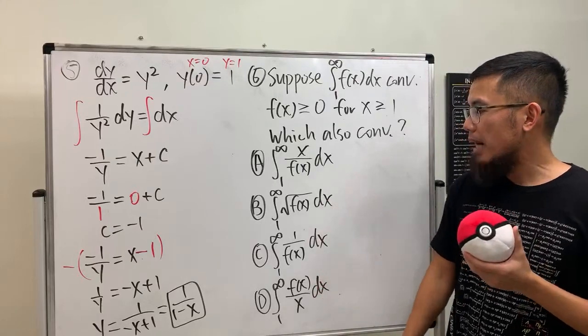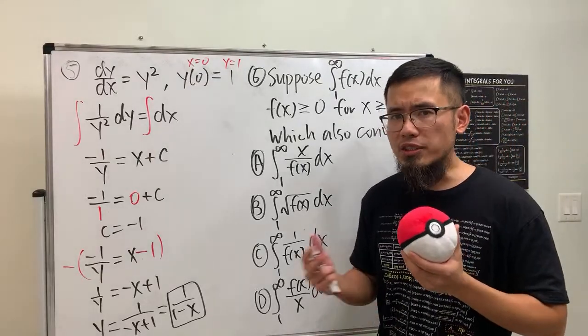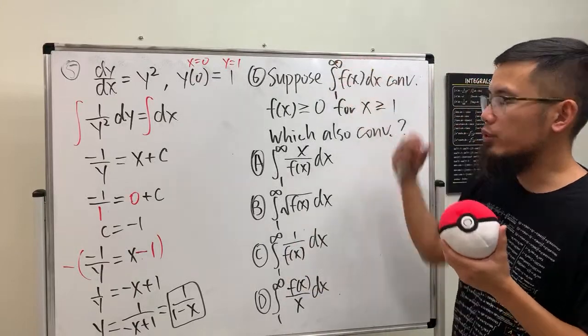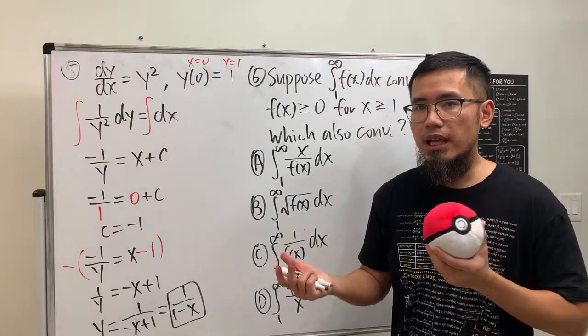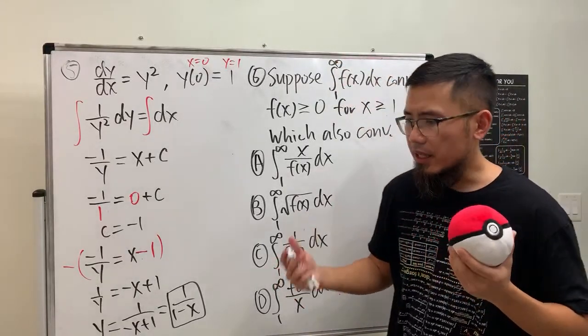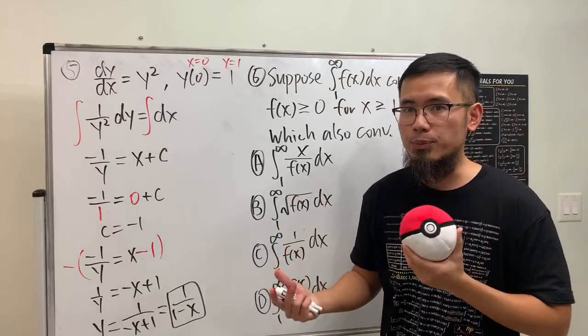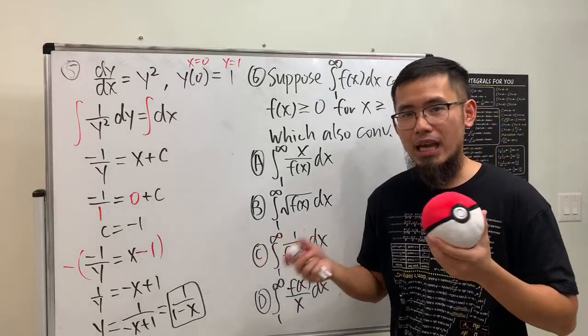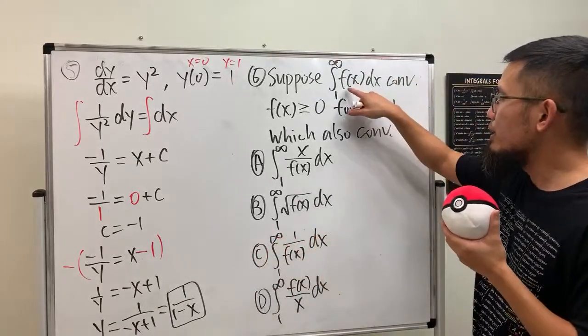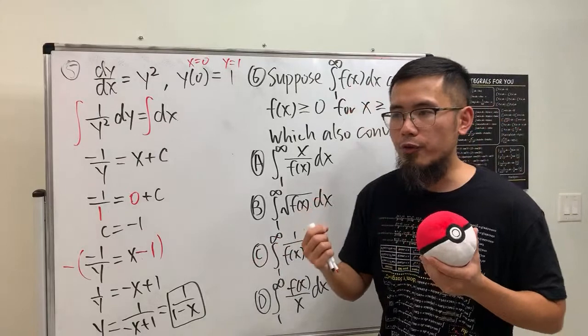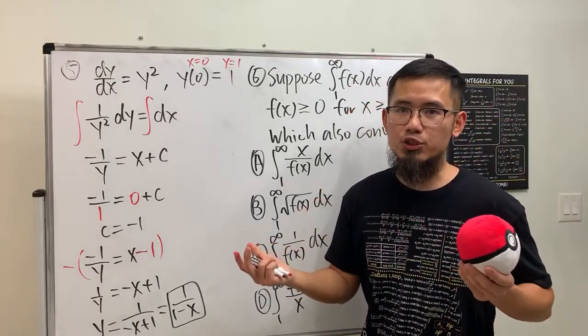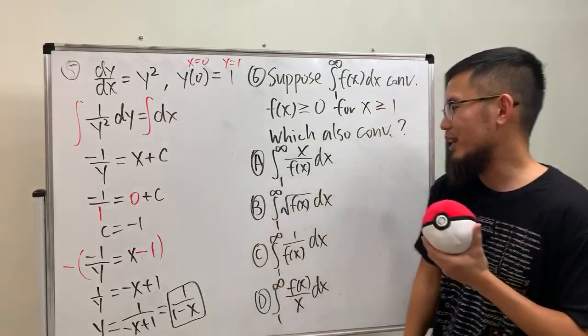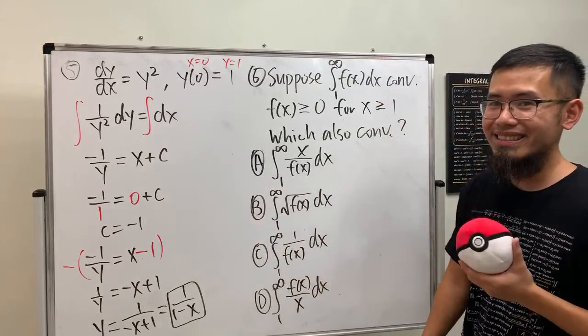But one strategy is to think about one integral that you know converges and then test it out. Again, you're not trying to do a rigorous proof. You're just trying to figure out which of these is the correct answer. I recommend you let f of x equal 1 over x squared. That works out pretty nicely. So that's how you can solve this multiple choice question.